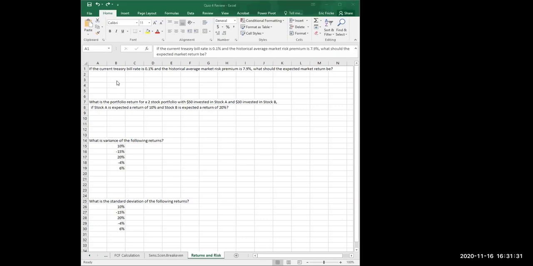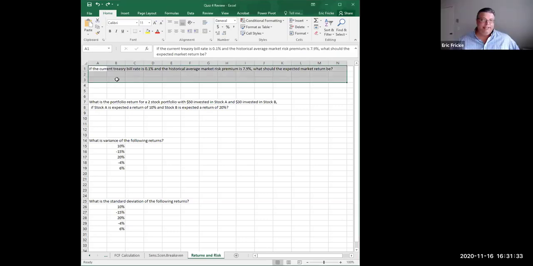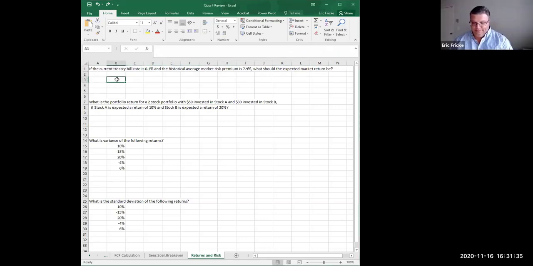Will it be 8%? Yeah, 8% it is. So we had a slide where we said the expected market return is equal to the risk-free rate plus the historical average market risk premium.